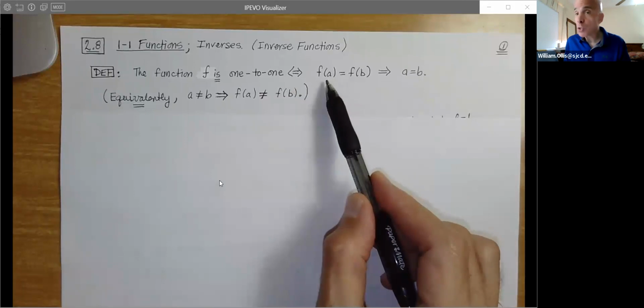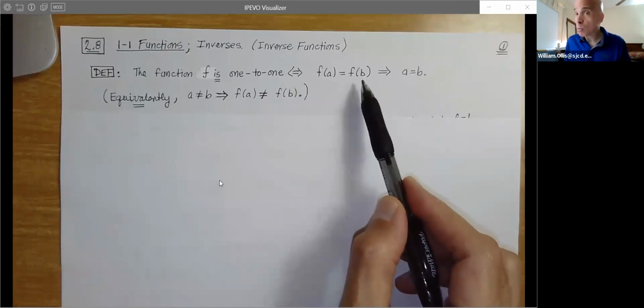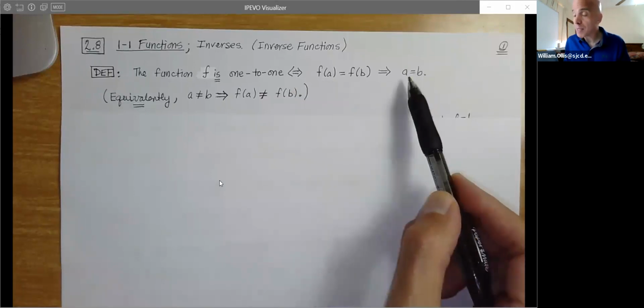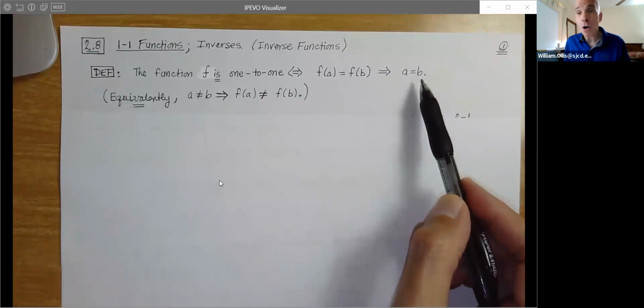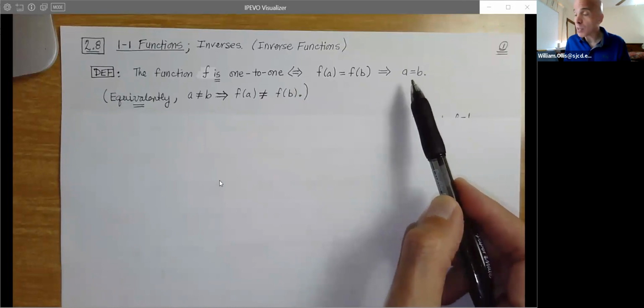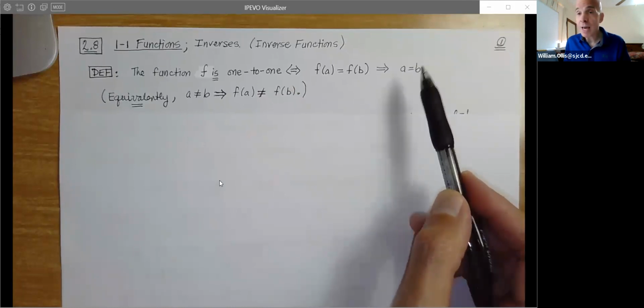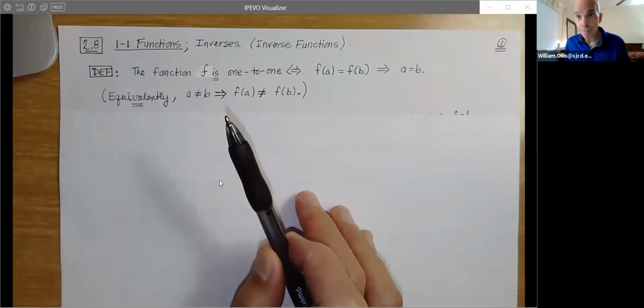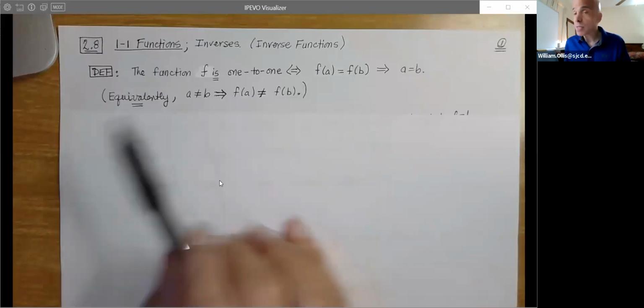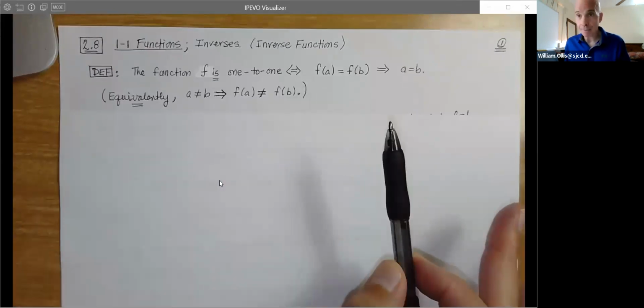That is, if you have two elements that are equal in the range, it must be the case that their inputs are identical. So when you hit a value in the range of a one-to-one function, that's a one-time deal. That occurrence will never happen again.